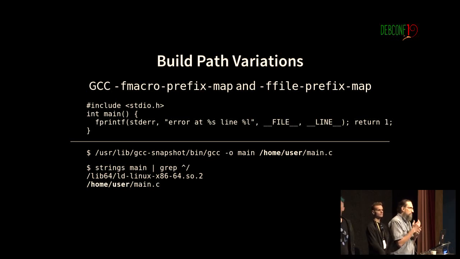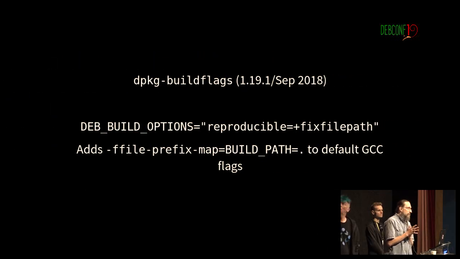If it embeds the file macro with the full path, obviously if you build it in a different directory, you're going to get an unreproducible binary. And last year during DebConf, I wrote up a quick patch, and then Guillaume Chauvert wrote a better patch, which is the one that got applied to dpkg in order to enable this feature.